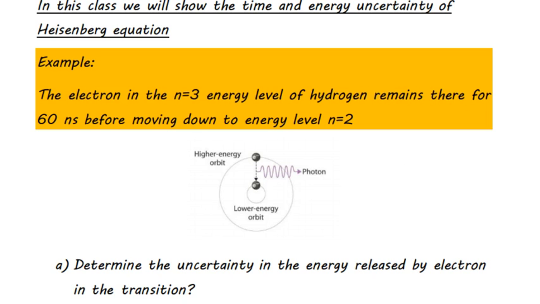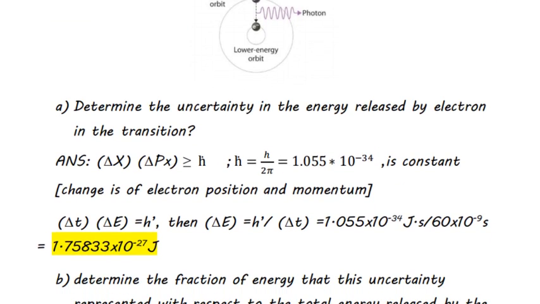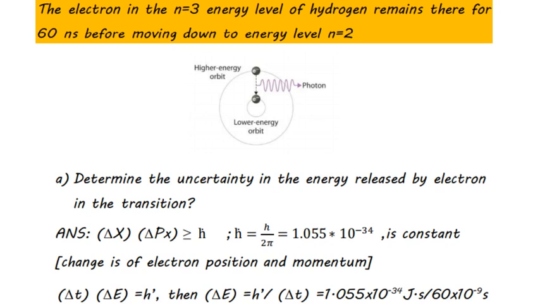In this example, we need to determine two values: a, the uncertainty in the energy released by the electron in the transition, and b, the fraction of energy that this uncertainty represents with respect to the total energy released by the transition of the electron, meaning the fraction of the energy stored in the emitted photon that is uncertain.